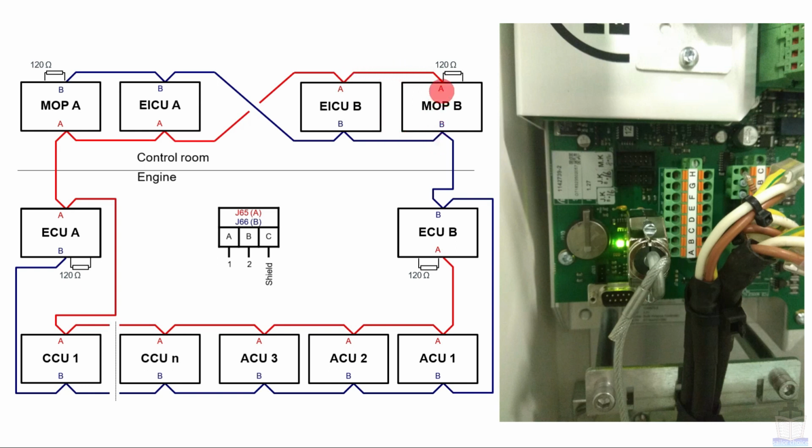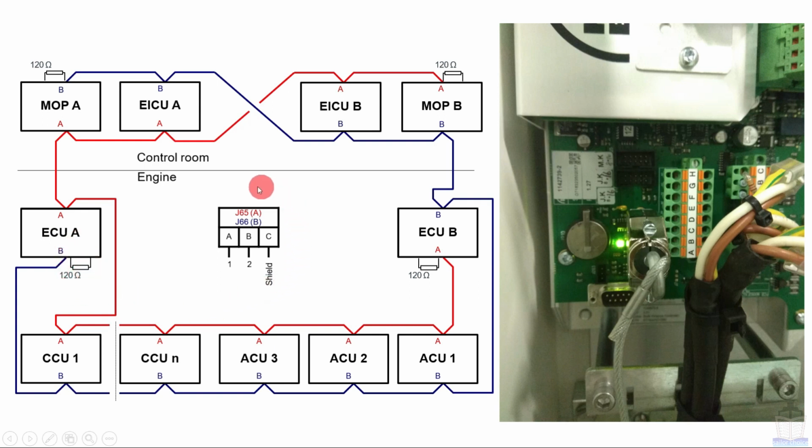Network A starts with the MOP B with 120 ohm termination resistance, and it goes all along to the various MPCs and MOP and gets terminated at ECU B with termination resistance 120 ohm. In the same way, network cable B starts from the MOP A with termination resistance 120 ohm and it passes all along through various MPC and MOP and gets terminated at the ECU A with termination resistance 120 ohm.